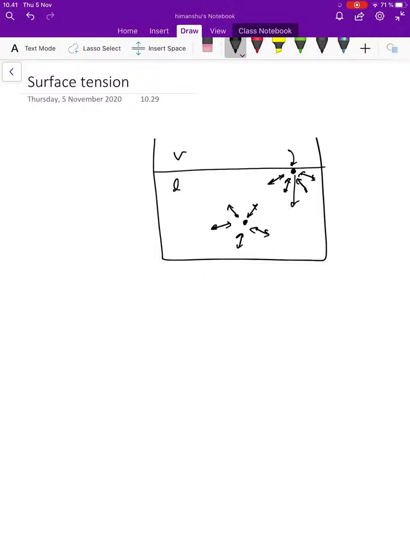If, on the other hand, you have a liquid interface such as oil and water, then this surface tension arises from the difference in the intermolecular forces near the interface.